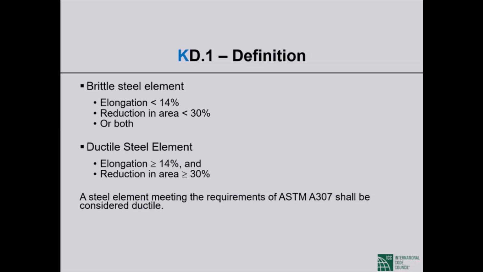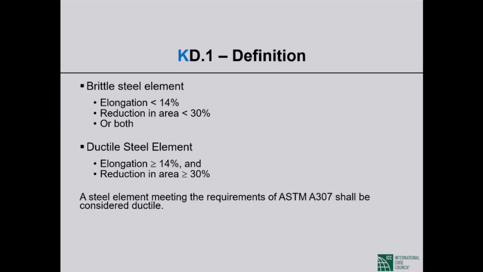Anyway, the definition is that when you pull on an anchor, just like you pull on a reinforcing bar in a tensile test, if the elongation, typically measured over a 6-inch gauge length, is less than 14%, or the reduction in area is less than 30%, or both, then you have a brittle steel element. You pull on the anchor, there is eventually necking, as we call it, the area reduces before there is a rupture.